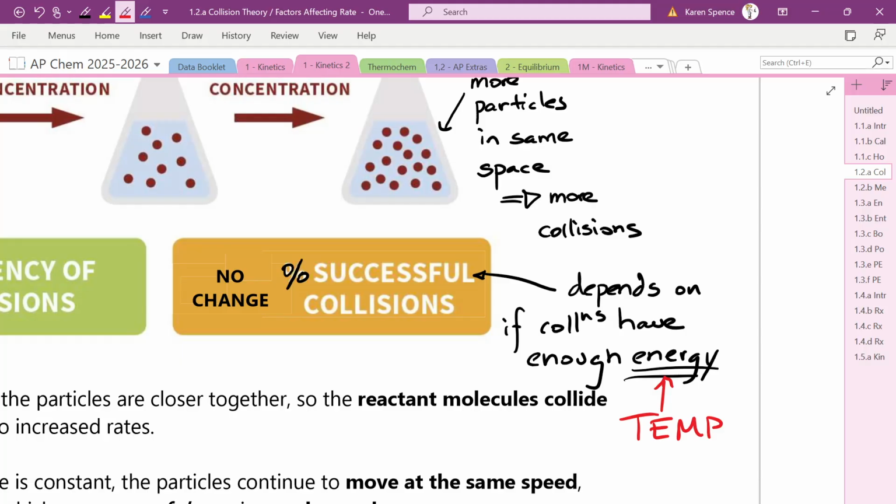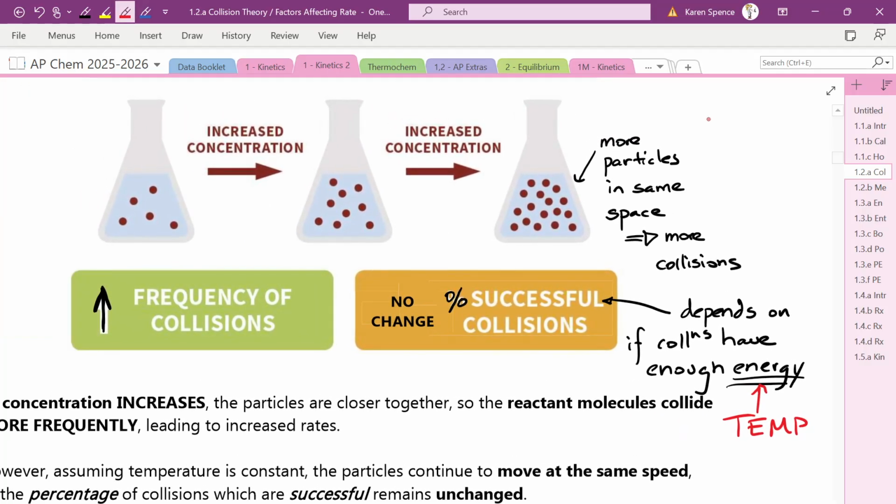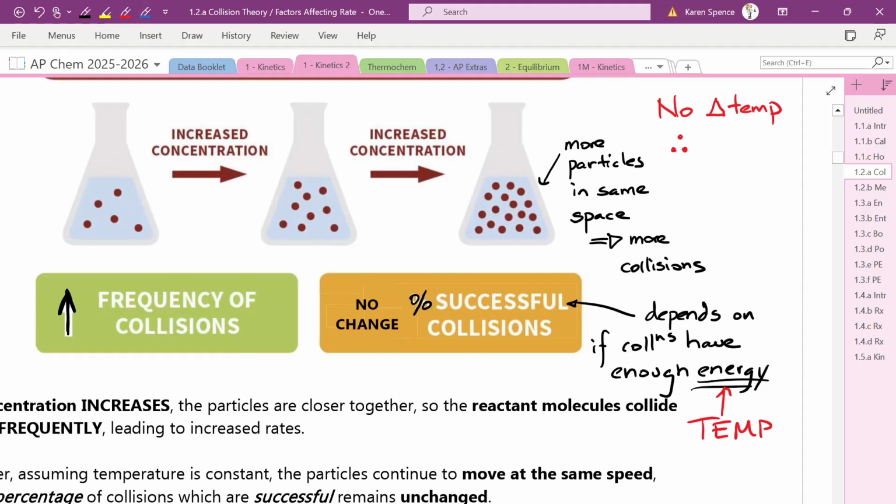It's still just at room temperature, as long as my water's at room temperature. So there's no change in temperature. Therefore, the percent of collisions with enough energy stays the same.